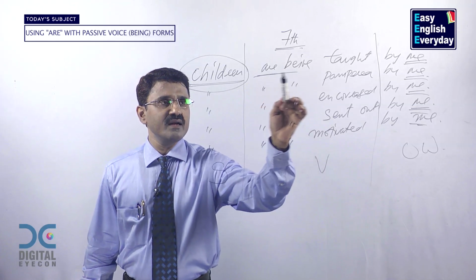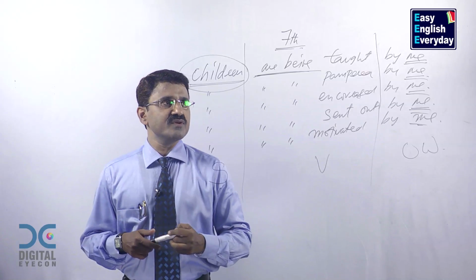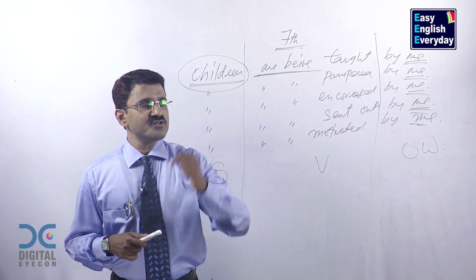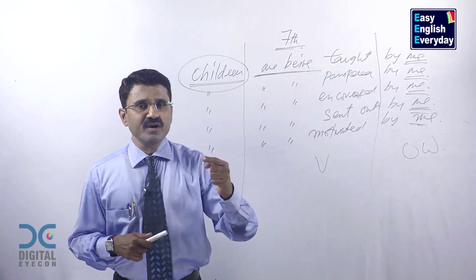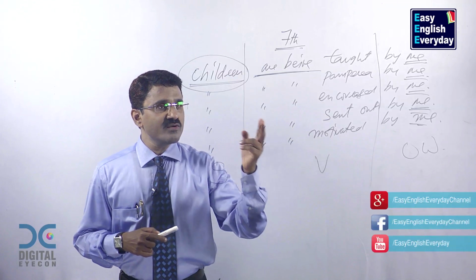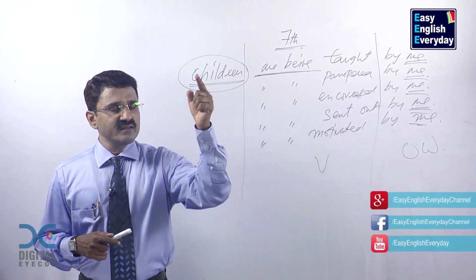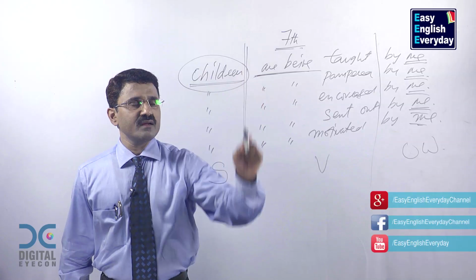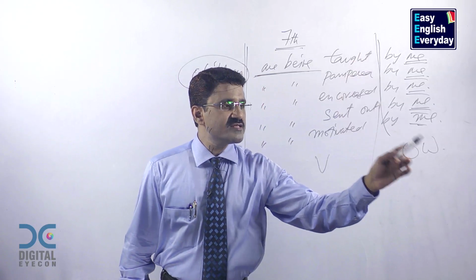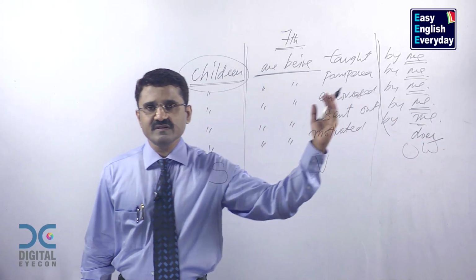Are indicates present tense. If you go to the background of these examples, I am teaching children. I am pampering children. I am encouraging children. I am sending out children. I am motivating children. But in this sentence, what is happening? The doer is not getting any importance. That's why he is at the end of the sentence.